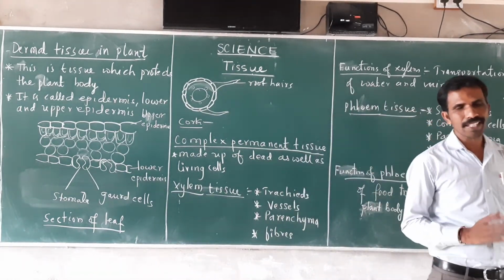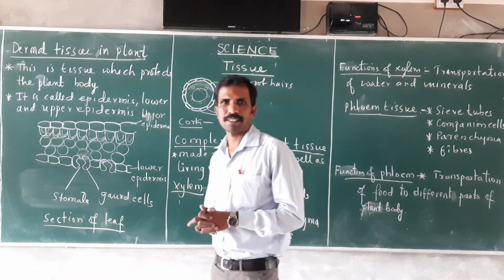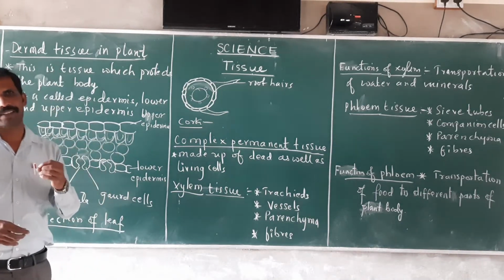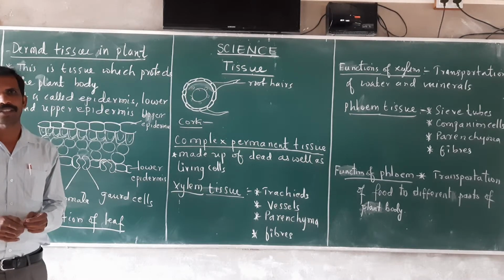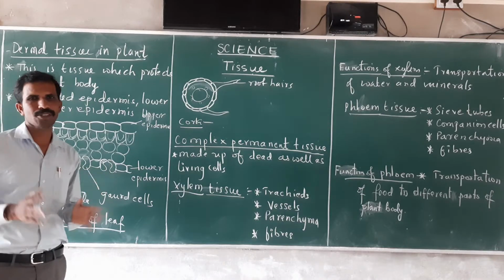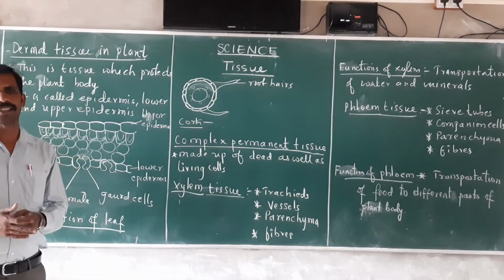So I told you plants are made up of both dead cells as well as living cells. Usually dead cells are present. They provide actually protection, mechanical support, all that. So in between the living cells, dead cells also are present in the plant body because they cannot move.